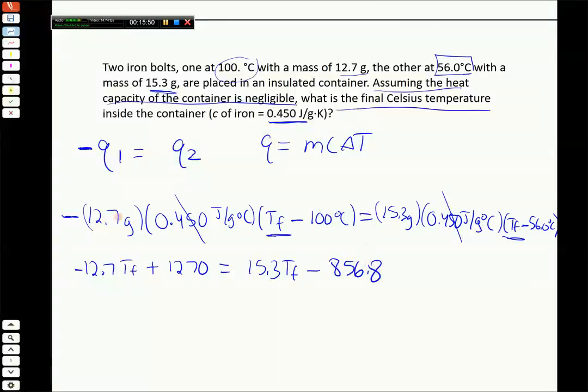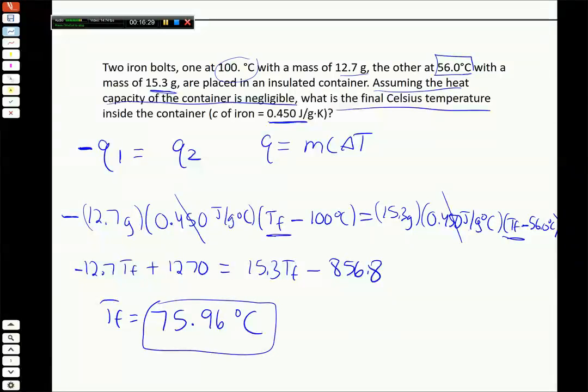So we're just distributing on both sides of the equation, and then when we solve for the final temperature, assuming I did all that right, I got 75 point... how many decimal places do they want? They don't specify. It might have been a multiple choice question, but I got 75.96 degrees Celsius, probably too many sig figs there, but that's the number you should have gotten. 75.96 degrees Celsius, assuming I did all that right.